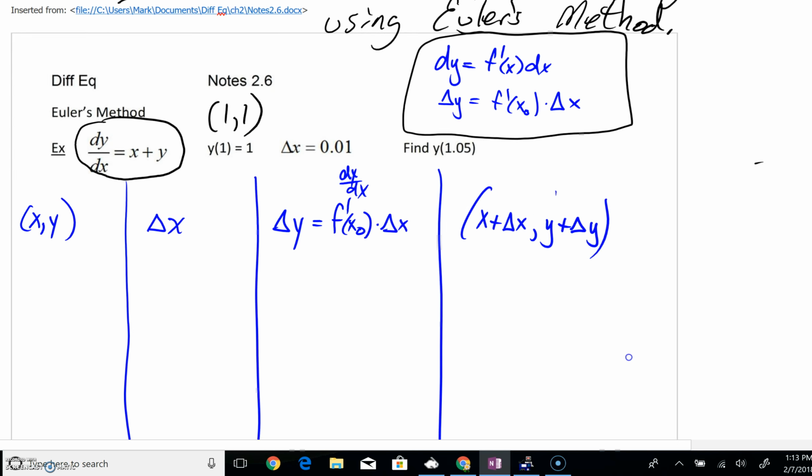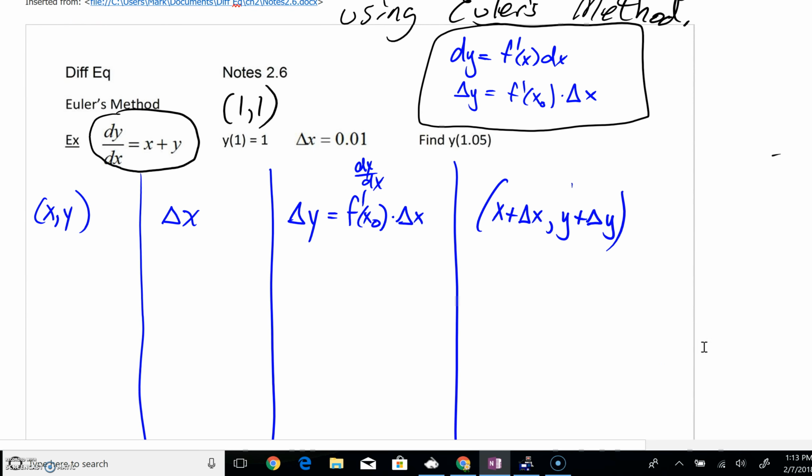It's a very mechanical process where we're always going to start with a point. In this instance, we're going to start with (1, 1). And our delta x is going to be 0.01 repeatedly all throughout this process.